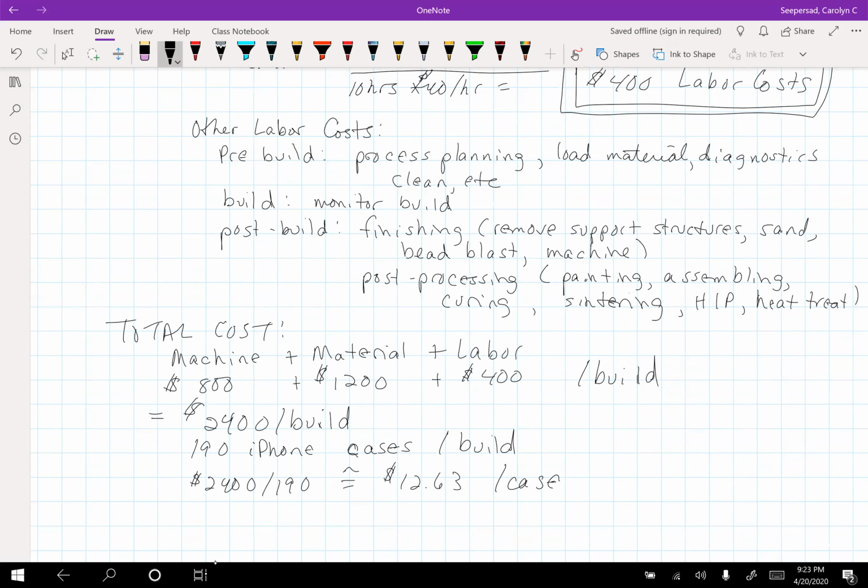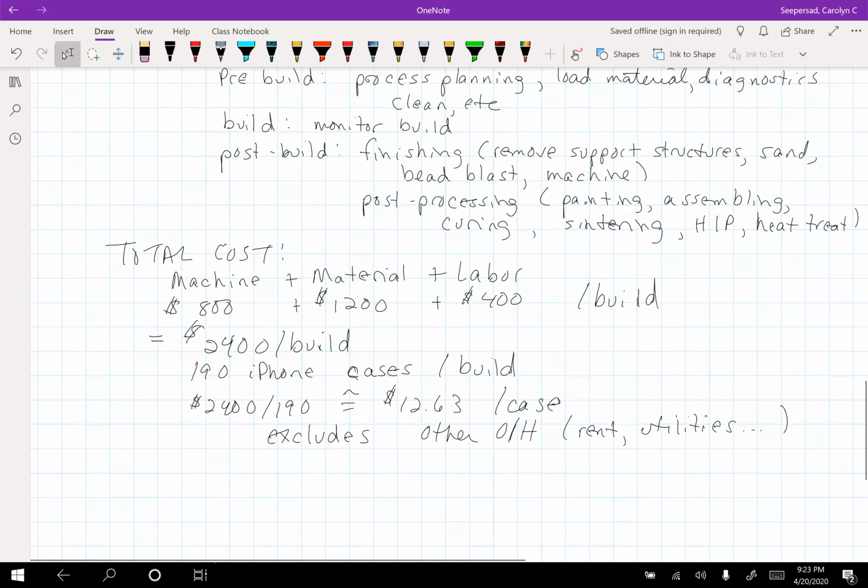Now that cost excludes other overhead, things like rent, utilities, the cost of shipping and keeping the lights on and legal help and other things like that. It also excludes profit.